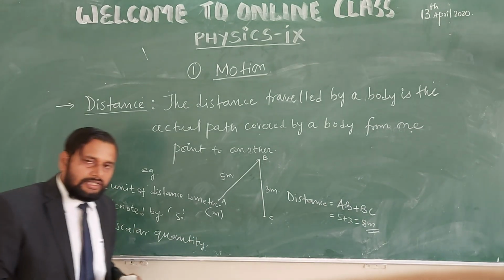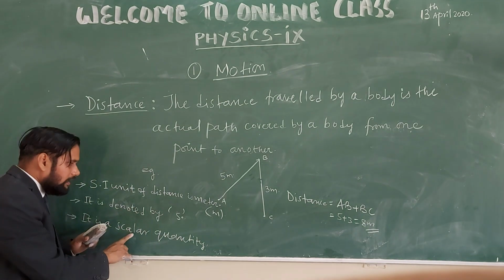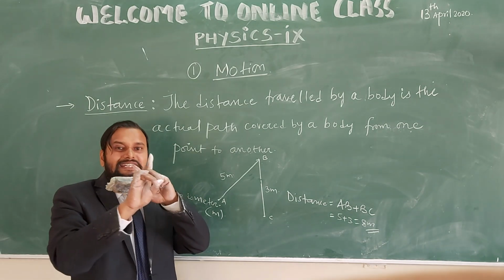Why is it a scalar quantity? It is a scalar quantity because it has only magnitude but no specified direction.